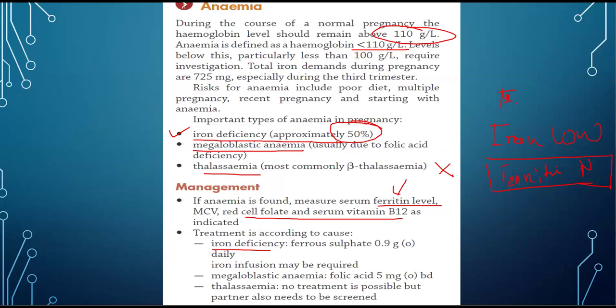No, if it is normocytic, then we don't give iron. We only give iron if iron is deficient. Okay? So usually normocytic anemia is not common in pregnancy.